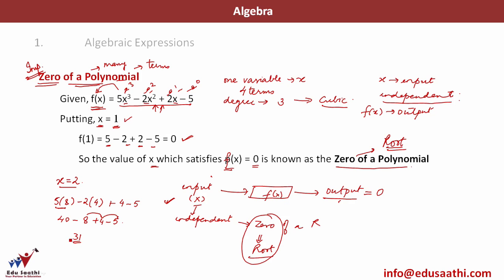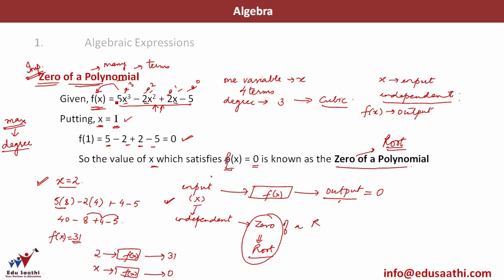The value of output is not coming out to be 0. Such an input will not be known as a root. If you put 2 as your input, the computation happens and you get an output. An input where the output comes out to be 0 will be known as a root or a zero of that polynomial. The maximum number of roots for an equation will depend upon its degree.